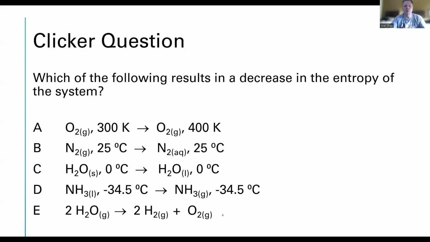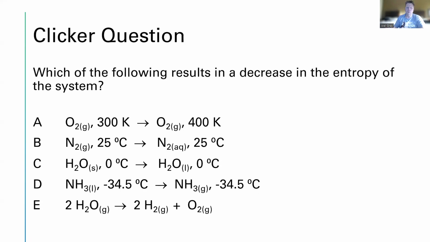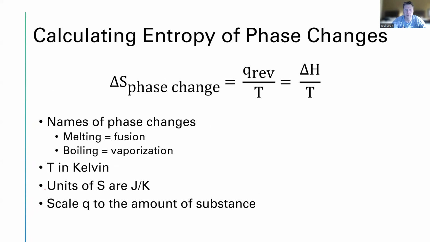This is probably going to result in a decrease in entropy. So this particular one will more likely be our correct answer, because what we've got there is water going to these 3 particularly small substances.